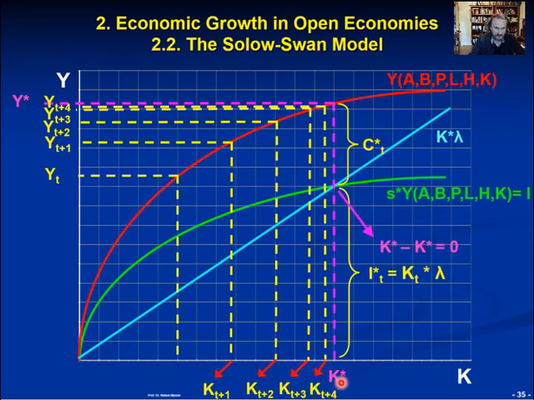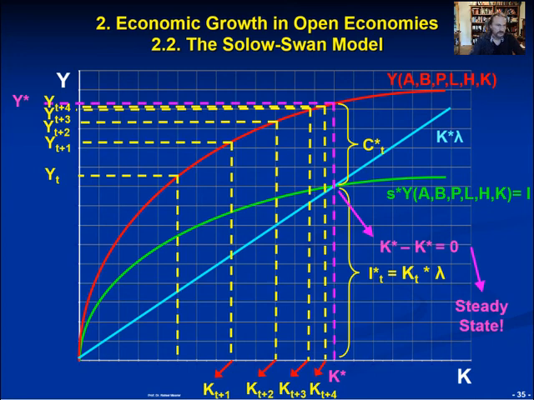So K star is the capital stock where capital stock growth and as a result also GDP growth ends. Net investment is zero in this point, and we call this state of the economy the steady state. In the steady state, the capital stock and GDP is stable. They neither shrink nor grow.